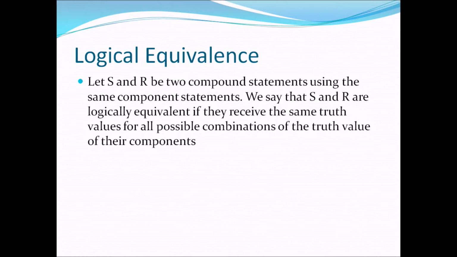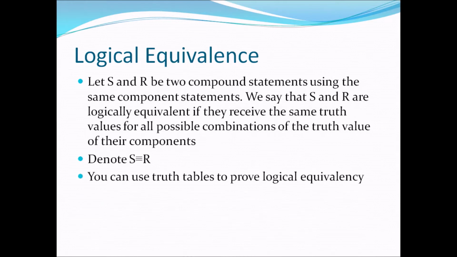So basically, this is just a really long way of saying that you have two compound statements and they're equivalent when they have the same truth values no matter what their components are. So, and we'd note this, S is equivalent to R.